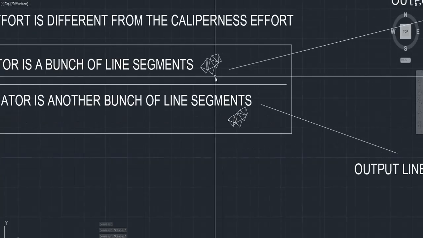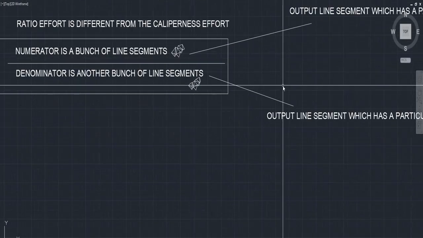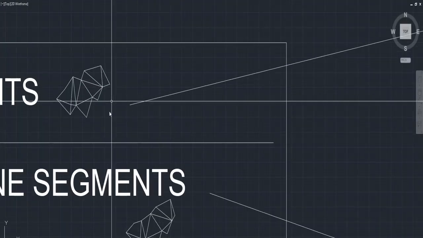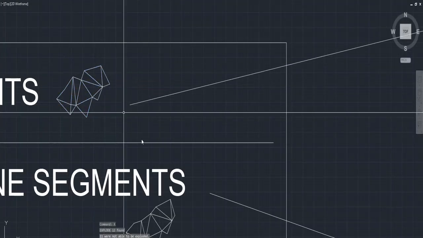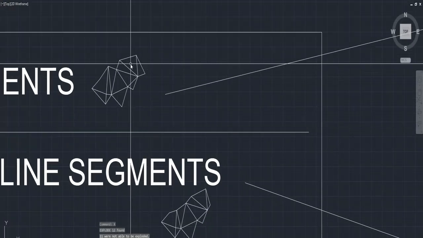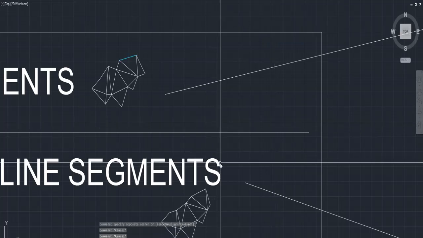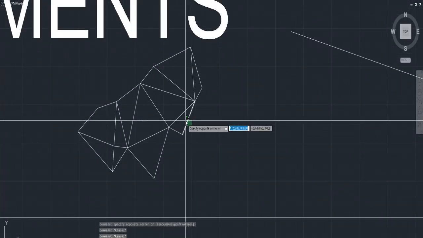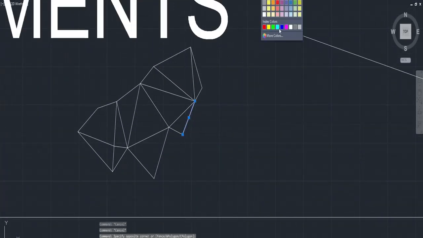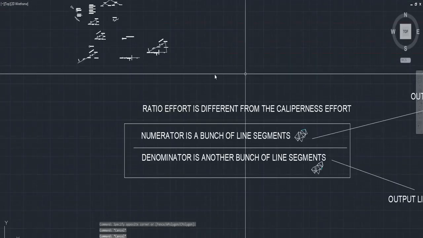And when these bunches of line segments are interacting due to the division, both have output line segments. Suppose this one has the output line segment, this one also has the output line segment, and these output line segments are interacting to form the triangles as we have shown here.